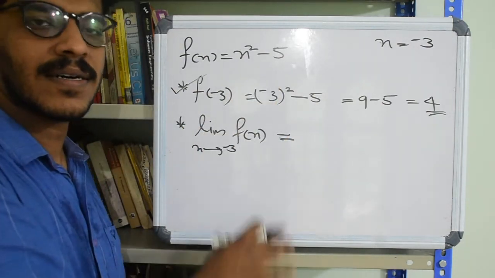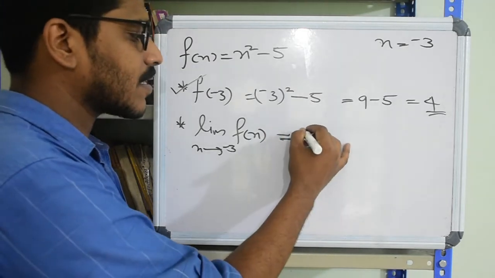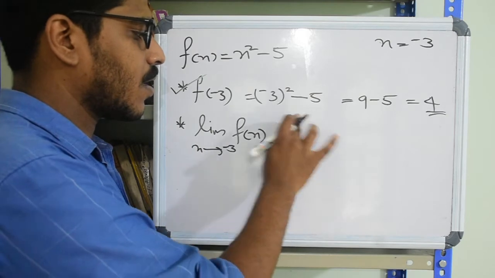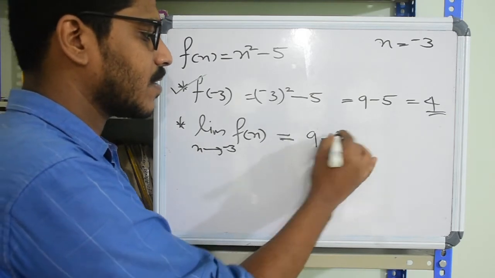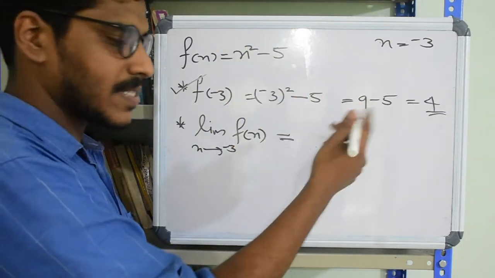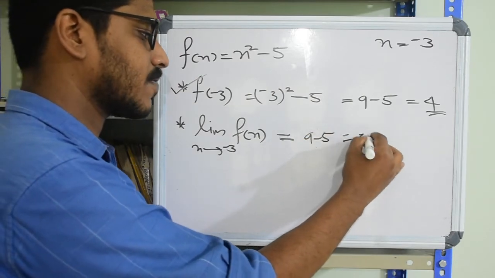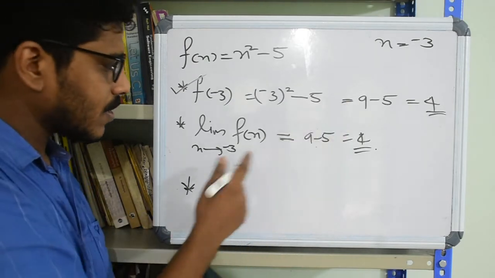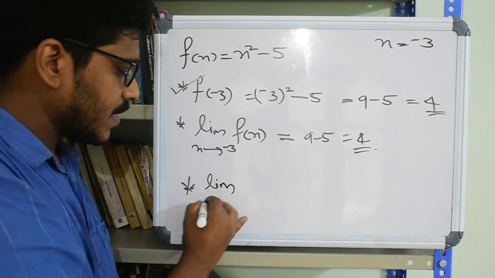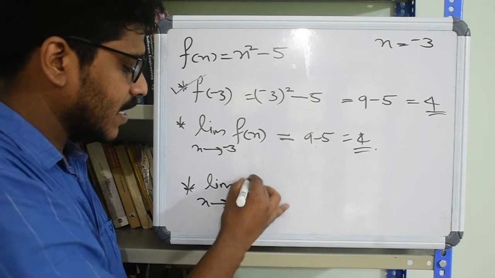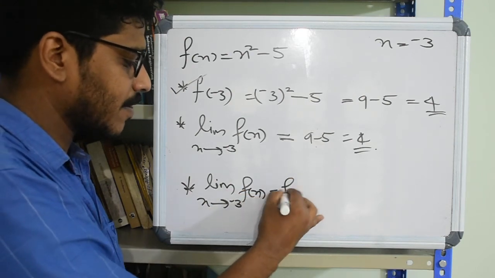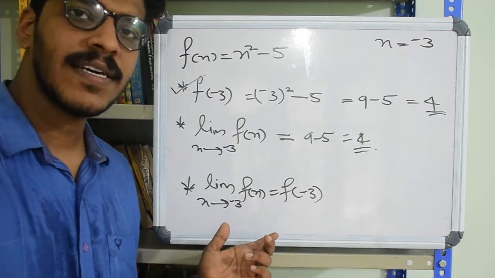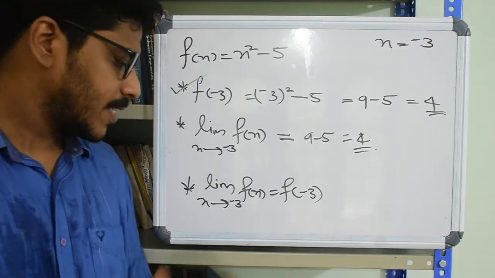But let's go on the track. f of minus 3 is minus 3 square minus 5, which is 9 minus 5, which is 4. And from this analysis we can conclude that limit x tends to minus 3 of f of x equals f of minus 3, which is in fact the third part of the test for continuity.